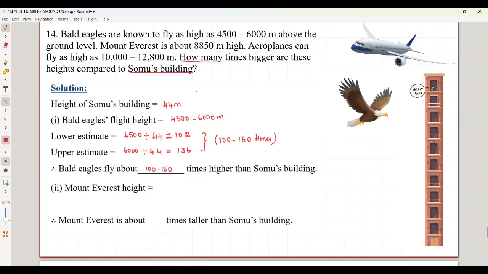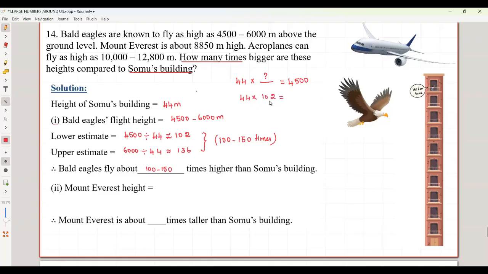How many times? The meaning is, to reach the height of 4,500 meters from Somu's building of 44, 44 should be multiplied by how many times? We are getting the answer 102.